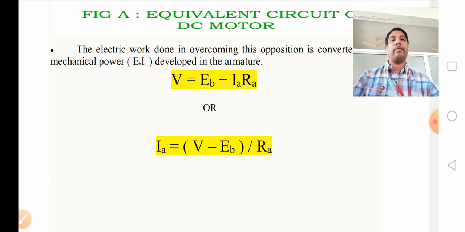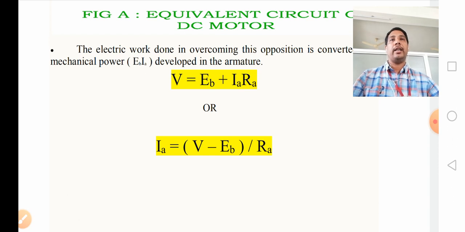EB is, according to the motor principle, the back EMF produced in the DC motor, and these two are in opposing directions, so I can call it the counter EMF. And IA RA is the voltage drop due to the armature resistance.